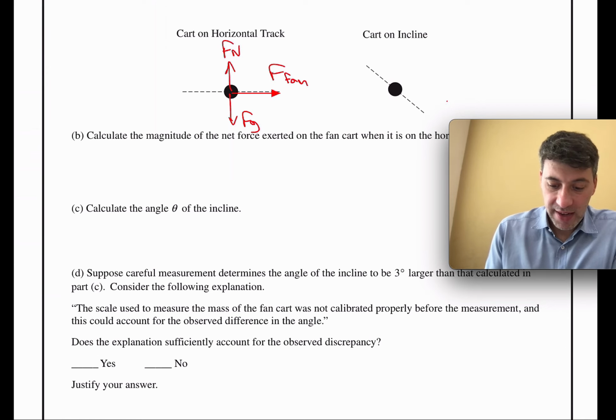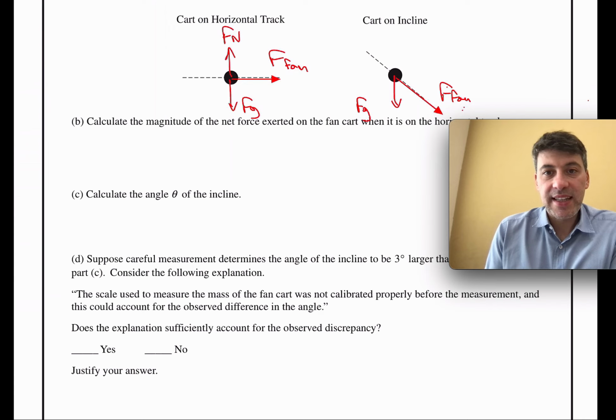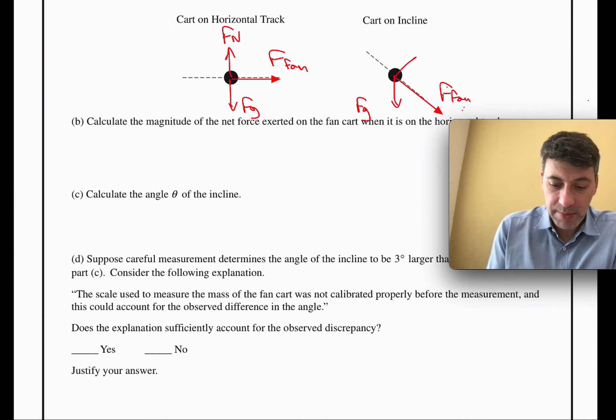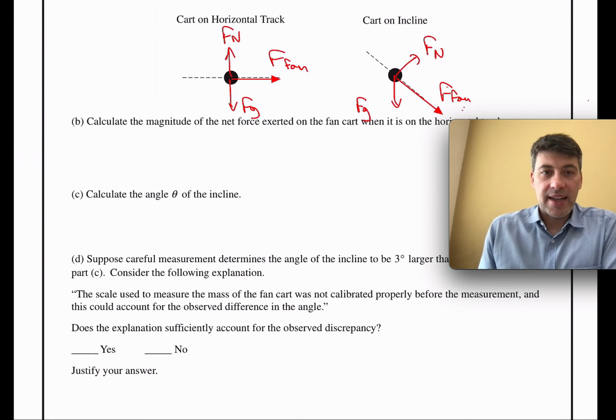This force by the fan is still applied as the object is moving down on the inclined plane, so there is the force by the fan, and we have exactly the same force of gravity. The only thing that changes is the direction of the normal force, which is perpendicular to the floor of the inclined plane. And part A is done.